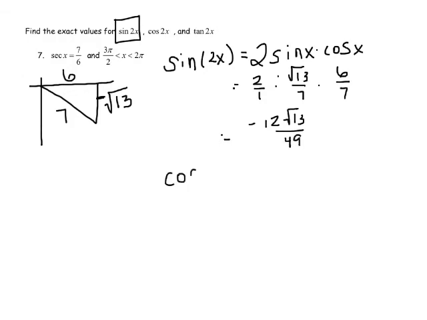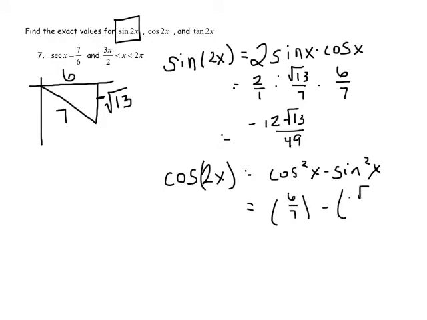Alright, cosine of 2x is equal to cosine squared minus sine squared, which is 6 over 7 squared minus negative root 13 over 7 squared. 36 over 49 minus 13 over 49 is 23 over 49.